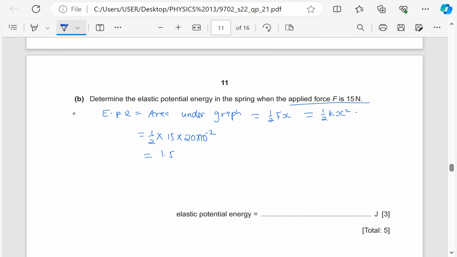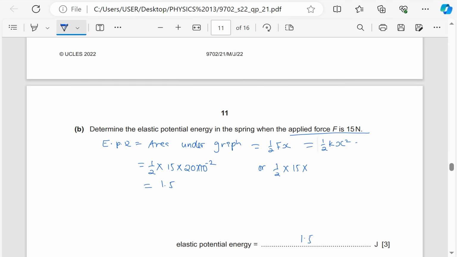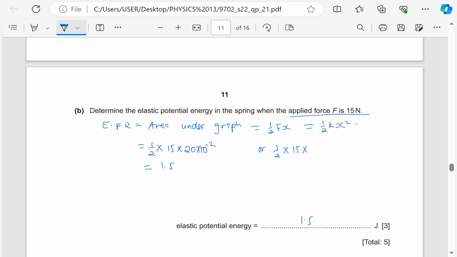Alternatively, you can use a half Fx. So I'll use this part too. The answer is 1.5. A half times F, which is 15, times X. So of course, X will be 40 minus that, which is still 20 times 10 to the power of minus 2, which is still the same as the area under the graph. Or you could use a half Kx squared.